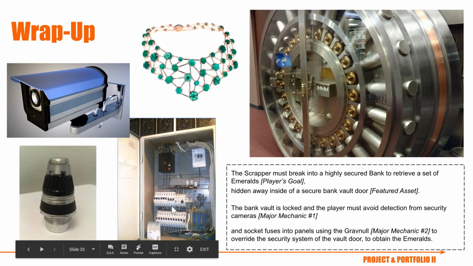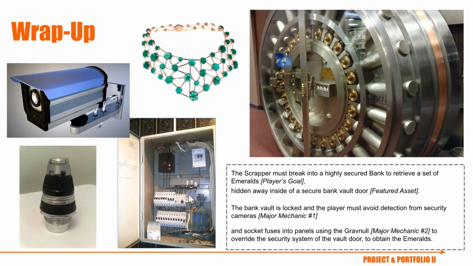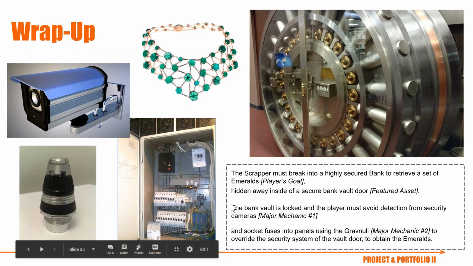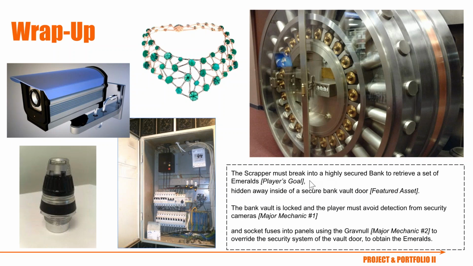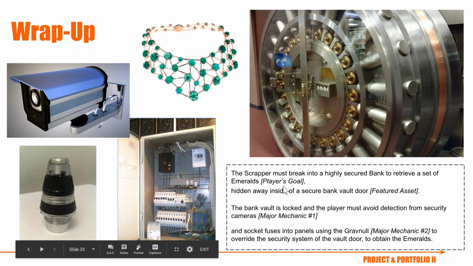So I thought, as the player, you can rip these pieces out with the grav null or snap them in place to power things on or power things off. Right? So using these two mechanics, you solve puzzles which will unlock the featured asset, the problem, and allow you to get to your goal, which is the emeralds. So hopefully that kind of makes sense.